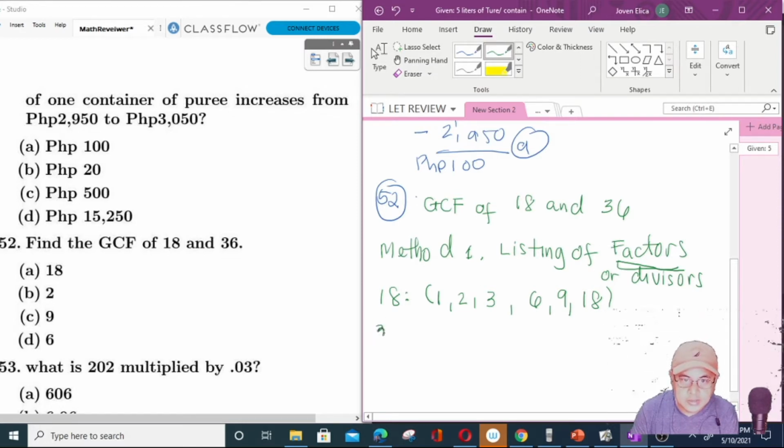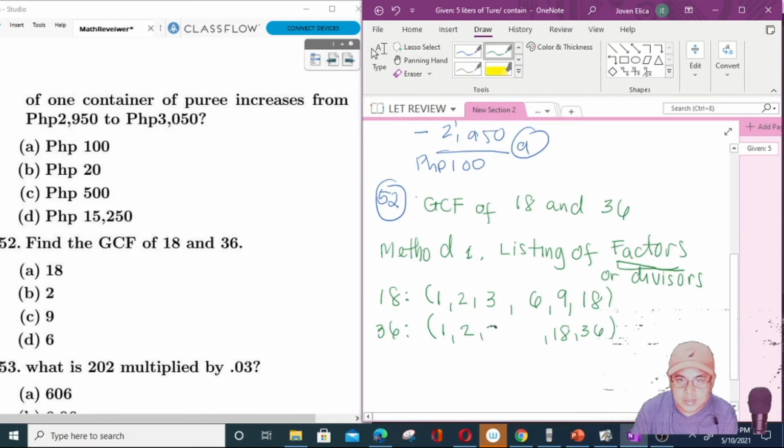What about 36? For 36, of course, the two numbers that multiply to 36 are 1 and 36. These are the first factors. The second factors are 2 and 18. 2 multiplied by 18 is also equal to 36. So 2 and 18 are factors of the number 36.